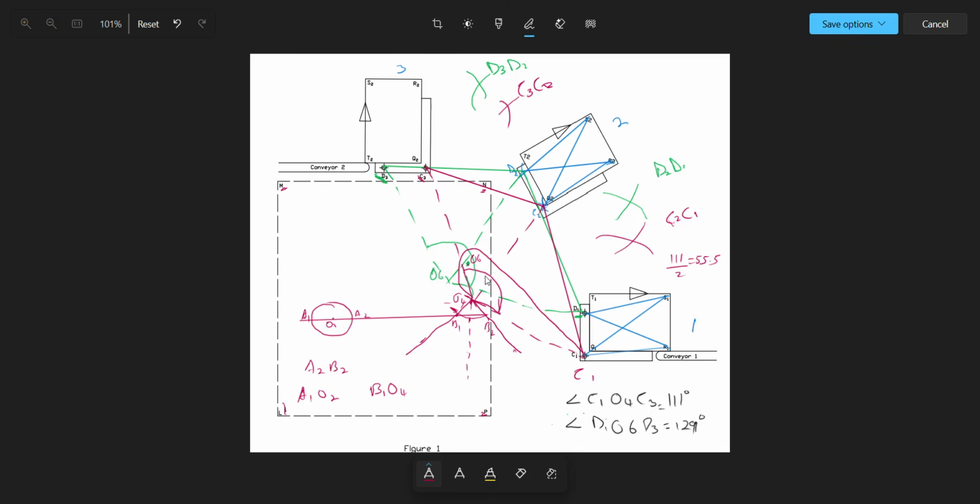The question was saying that if there is a limitation or a constraint where one link passes over a pivot, then you have to redesign the link. So O4 to C1 passes over a pivot. If you do it the right way, you are going to see that the link O4 to C1 will pass over O6.